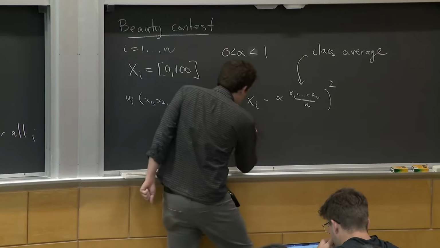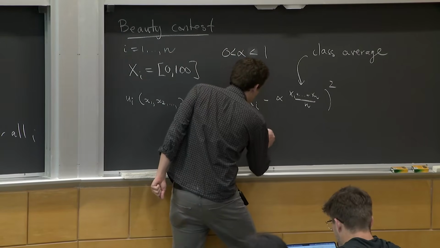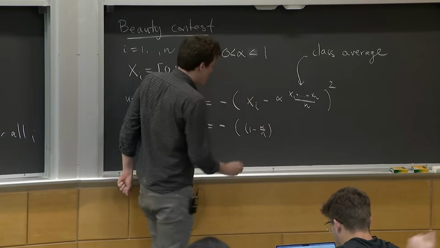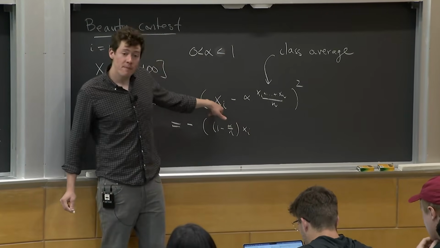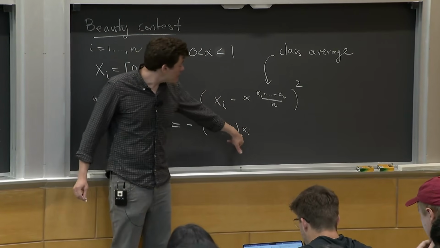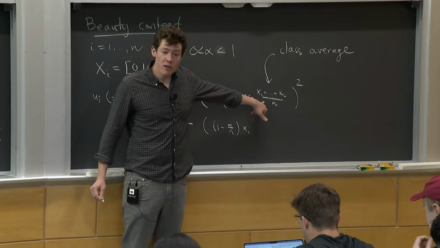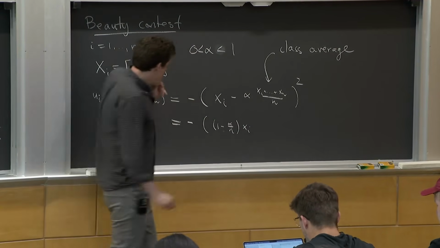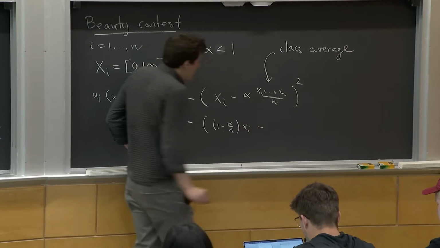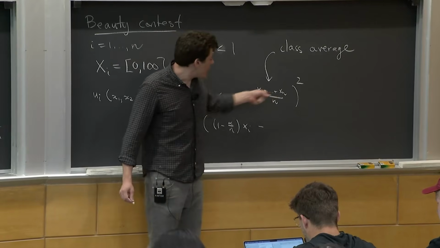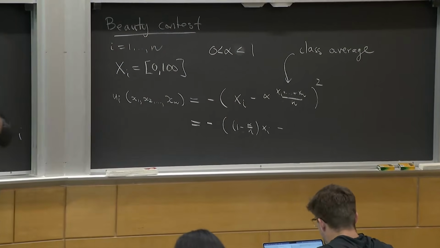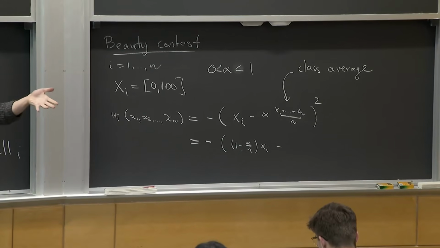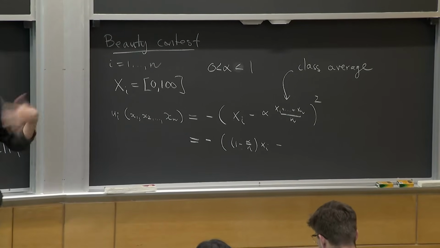So what I get is 1 minus alpha over n times xi. The 1 times xi comes from here, and the minus alpha over n times xi comes from over here. And then what I'm left with is alpha times the sum of everyone else's guess divided by n. But that's kind of awkward to deal with because there's only n minus 1 people, and I'm dividing by n. So I'd rather divide by n minus 1.